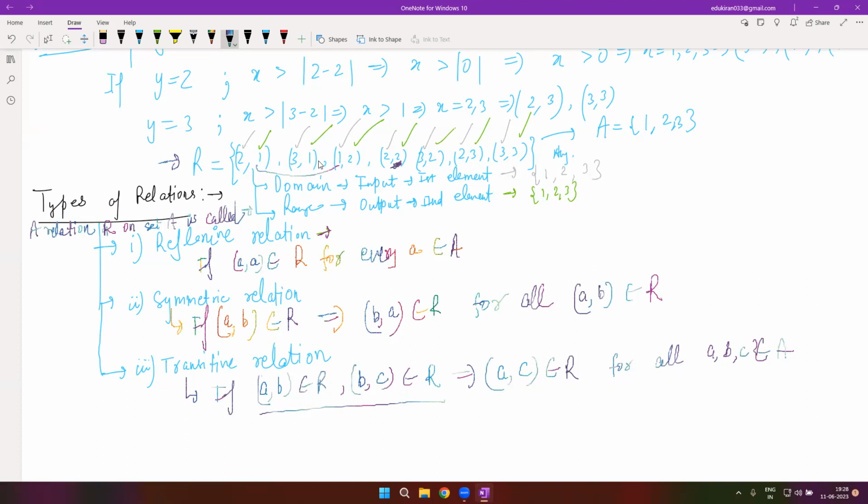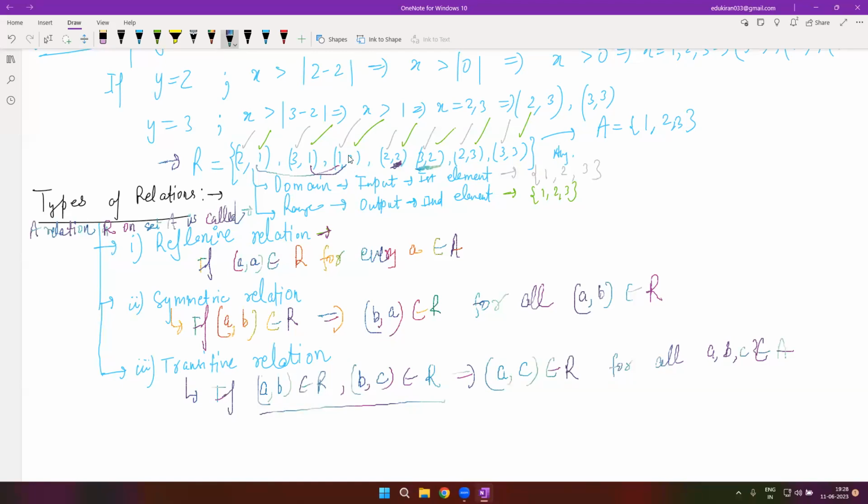Then I will again check if there is a pair which starts with 1, because this pair is ending at 1. Again, 3, 1 and 1, 2 form a pair. And from 3, 1 and 1, 2, I can take 3, 2, right? Which is here, which is again present in the given relation. So till now, the relation is transitive.